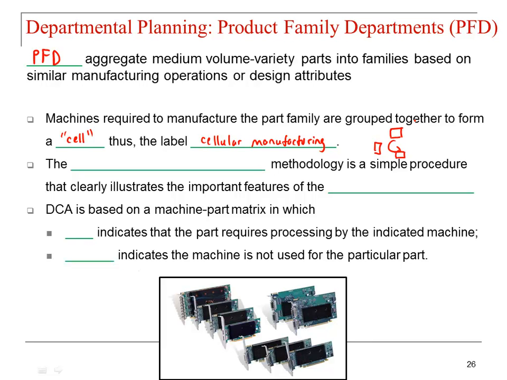Here in this class we're going to discuss one, which is called the direct clustering algorithm, or DCA. And this methodology clearly illustrates the important features of the cell clustering problem.